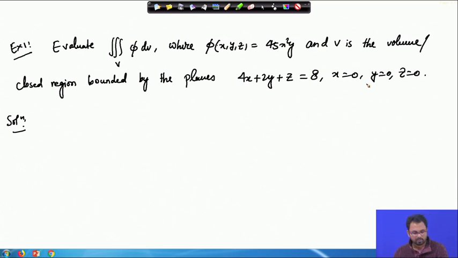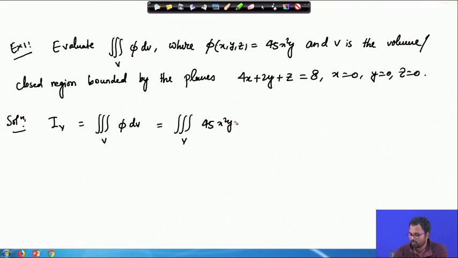And now, if we want to evaluate the volume integral, as I was saying, we can write it as the volume integral of phi dV over V. Here phi is 45 x square y, and dV is the volume element dx dy dz. Now, how do we calculate the limits for x, y and z?